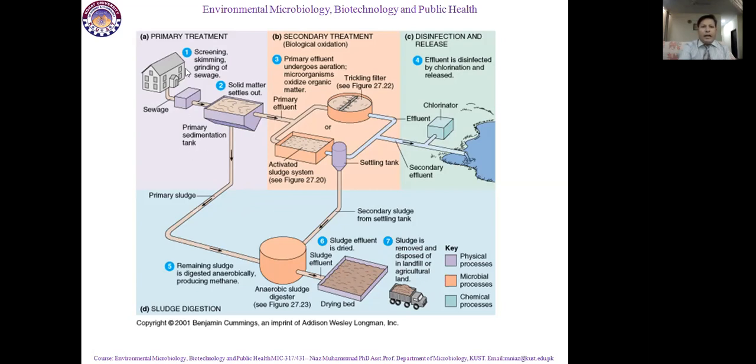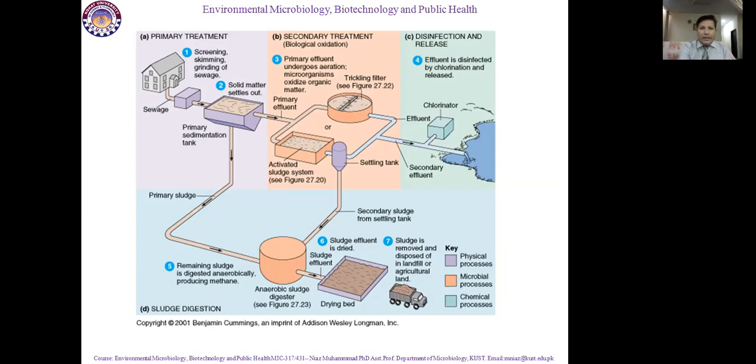Again, I have to repeat this sewage water treatment. Sewage water treatment consists of three steps. Number one, the physical process. In the physical process, we are removing solid and suspended materials from wastewater.